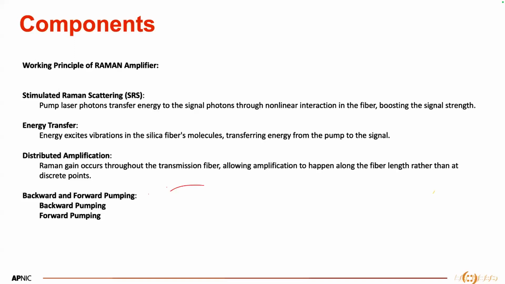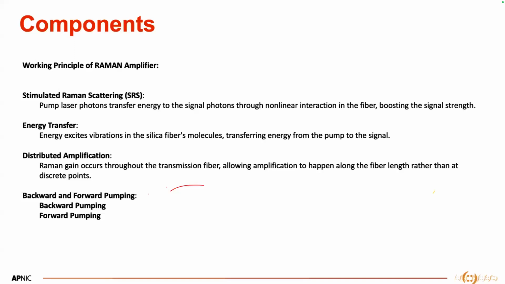So what it does, it throws a very high power laser pump into the optical fiber. And the wavelength of that pump is lower than the signal. So the energy of that laser pump excites the vibrations in the silica fiber's molecules. And that is how the pump helps the signal to get amplified.